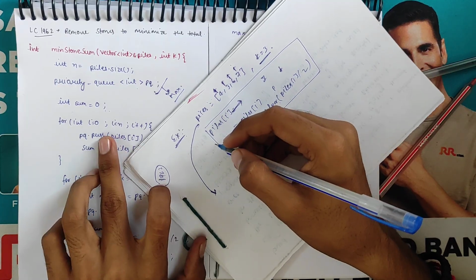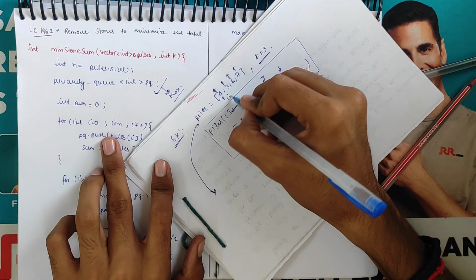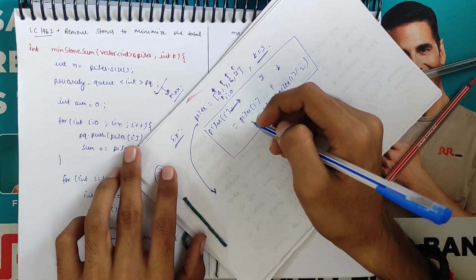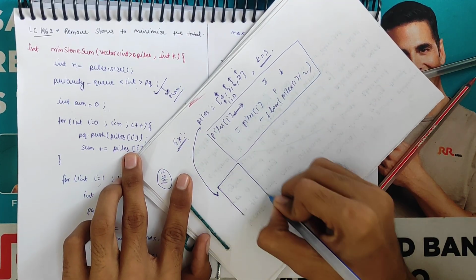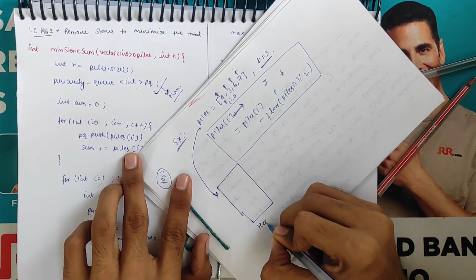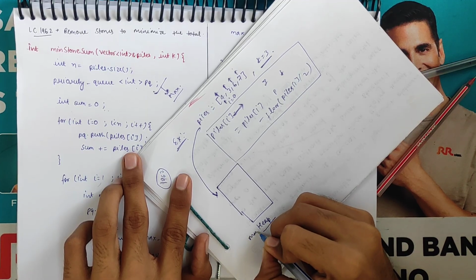First let's iterate from i equal to 0. So i is equal to 0, pq.push(piles[i]). So this is our max heap.